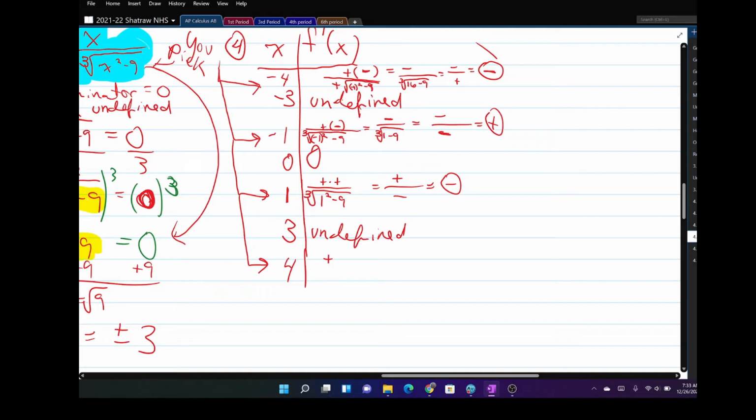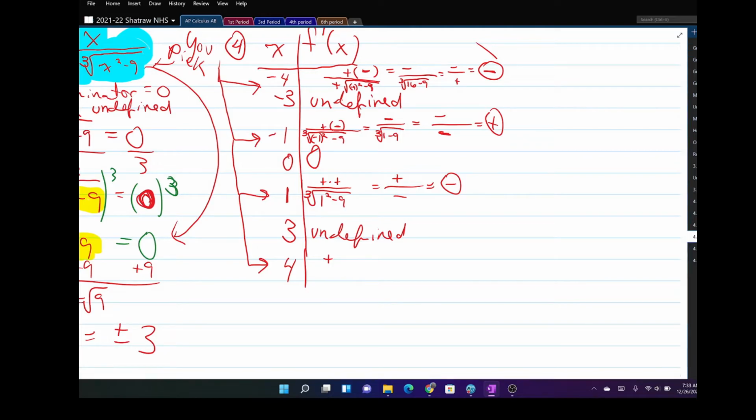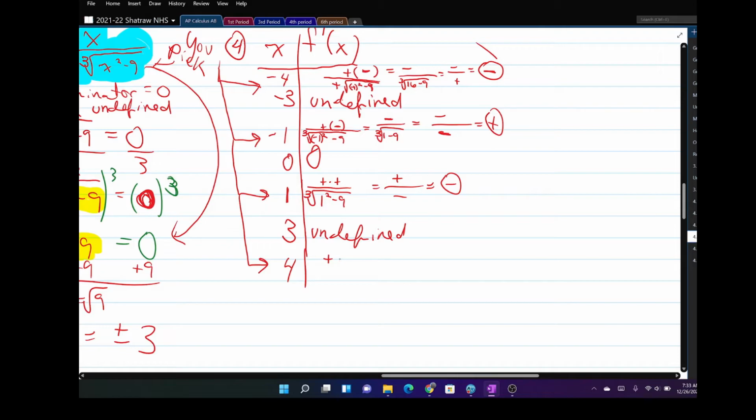So let me check to see what happens when I plug in 4, and I get a positive times another positive, which means on top I have a positive, and on bottom I have the cube root of the 4 being squared minus the 9. That's going to be 16 minus 9. That is also a positive number, and so I end up with a positive.